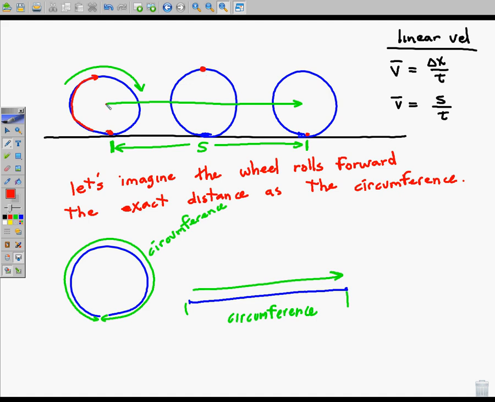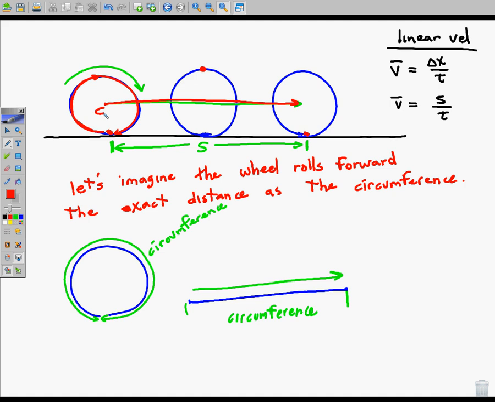And then after the tire has moved forward a whole circumference, where would that point right there be? Back at the bottom. So how far around the outside did that particular point right there move? Well, it moved relative to the center. I'm not talking relative to the road because that's a whole nother ball game. I'm talking relative to the center.